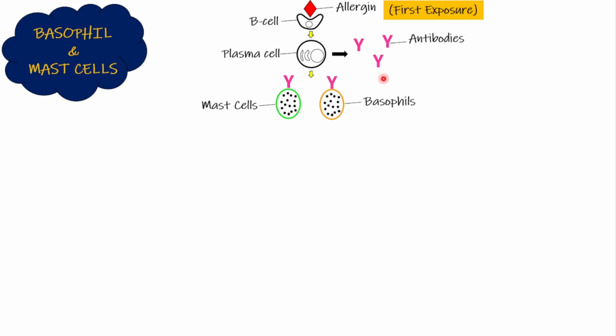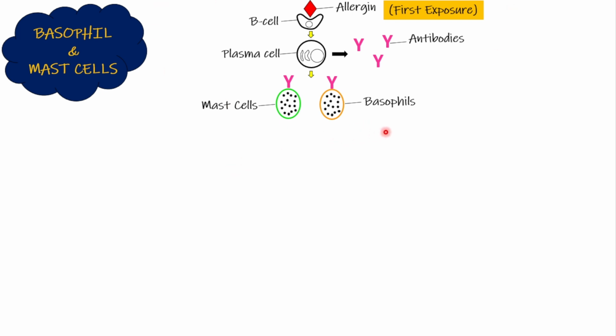Now these antibodies will be attached to the mast cells and to the basophils. Now, these antibodies have done nothing to these mast cells and basophils. So this is the first story.